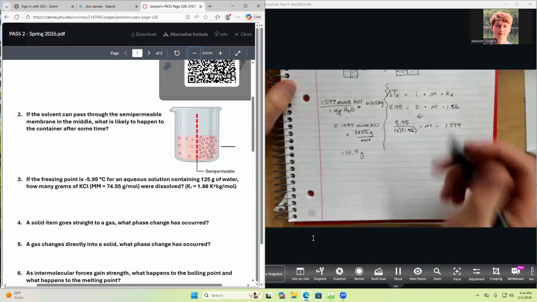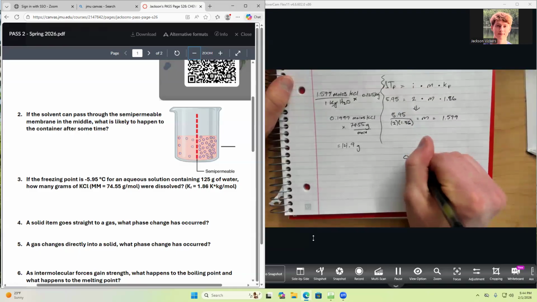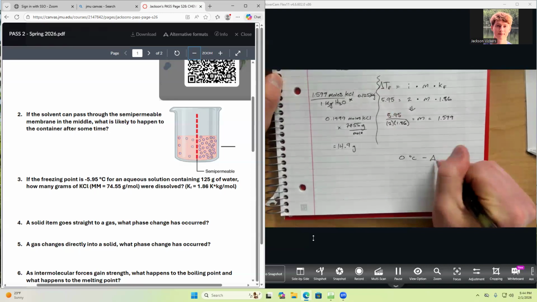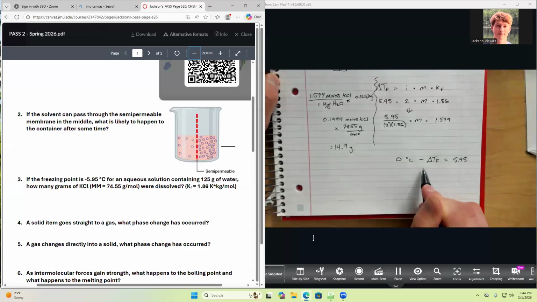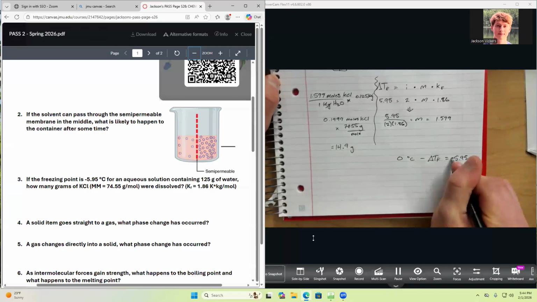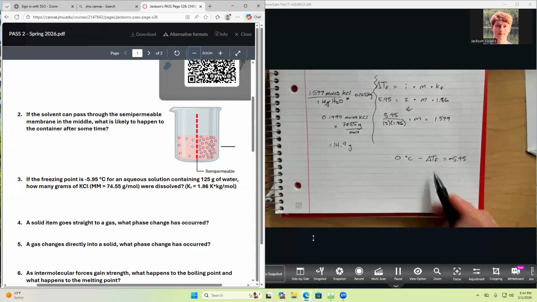So the formula looks like 0 degrees Celsius minus our delta T F got us to negative 5.95, meaning this value has to be a positive 5.95. You're going to be subtracting something, so it will be positive, but once you subtract it from 0, you're in the negatives.